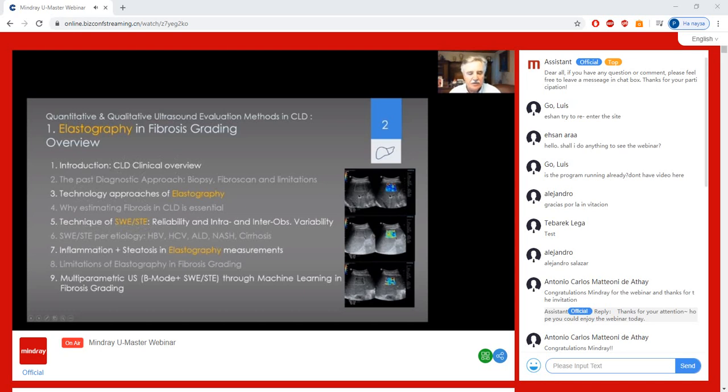And then we're going to comment on how inflammation and steatosis of the liver act on elastography measurements. And finally, we are going to find ways to overcome limitations of elastography through a mathematical multiparametric ultrasound model.